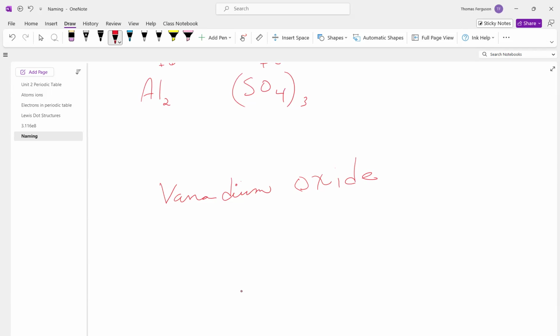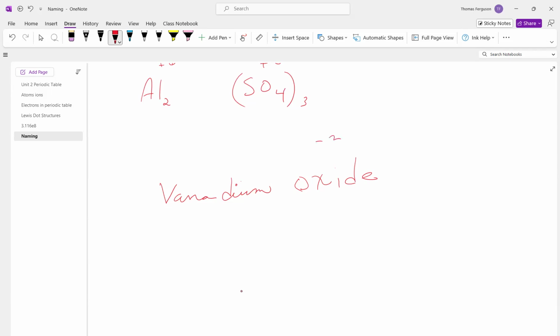What is wrong with the way I wrote that? Right, we don't know what the charge is on vanadium. Notice vanadium, I have 3 of them there. Which one is it? Well, we don't know. So let's go over to the oxide, because the way it's written, the net charge is 0. So what's the charge on oxide? -2.